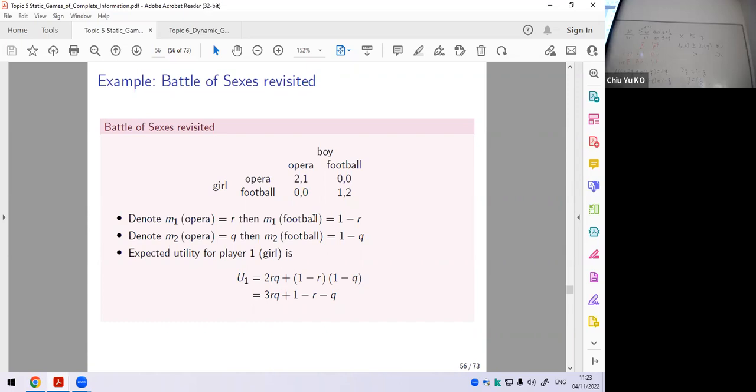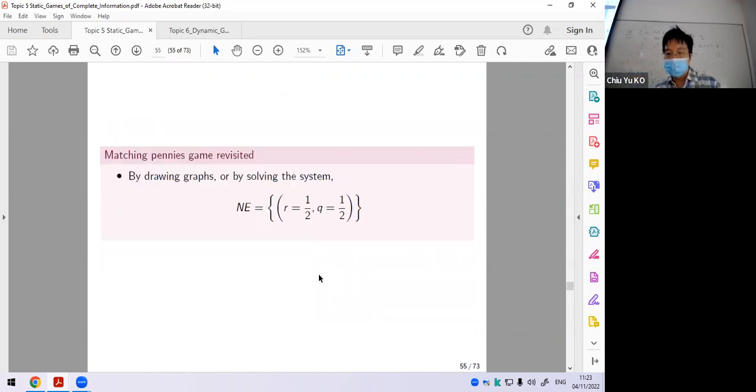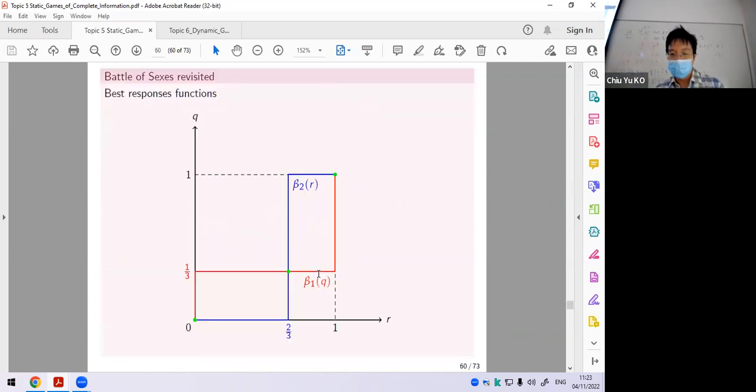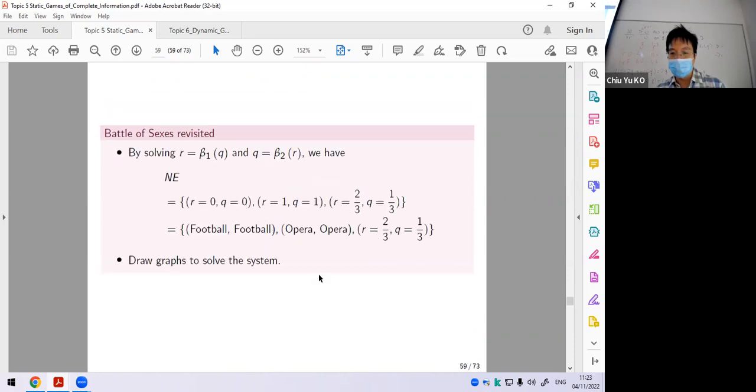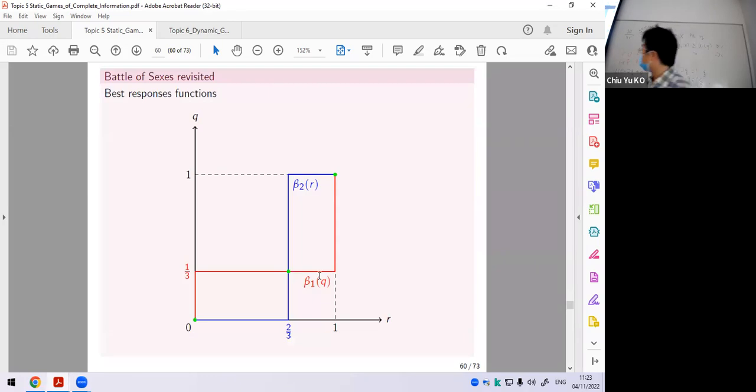This is only feasible, only correct, when you talk about mixed strategy. If you do this, you forget about these two points. This is only true when you are truly mixing strategies. Is that clear?